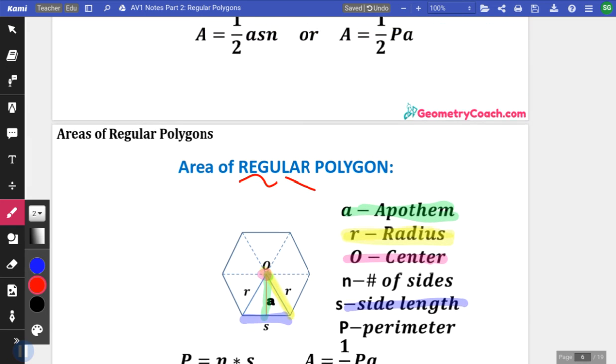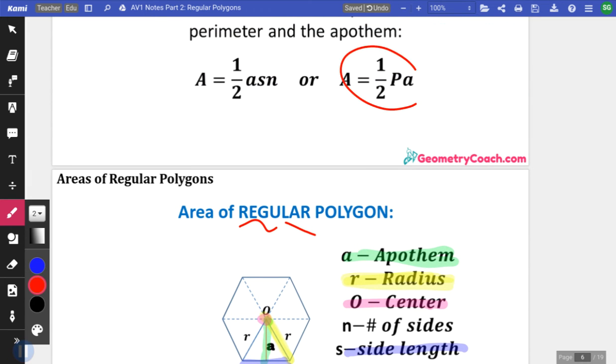Now remember there were two formulas here. 1/2 perimeter times the apothem. Well, 1/2 times S times N. S times N is the same as P, right? Sides times number of sides. So these formulas are exactly the same, except this one reminds you how to find the perimeter.